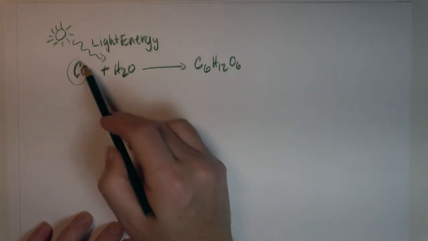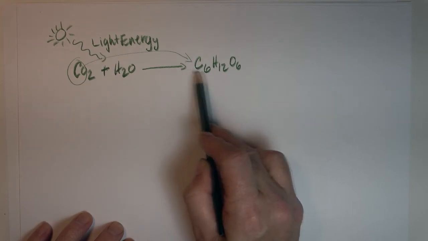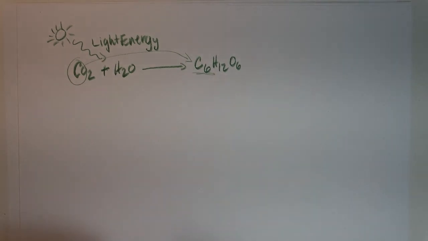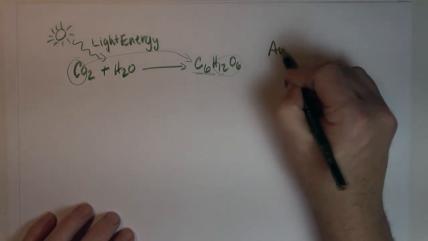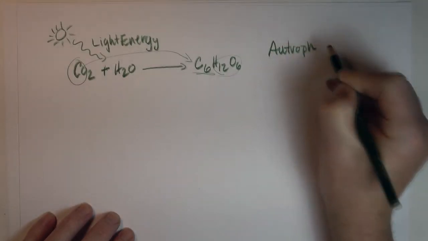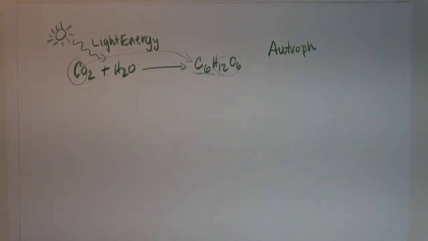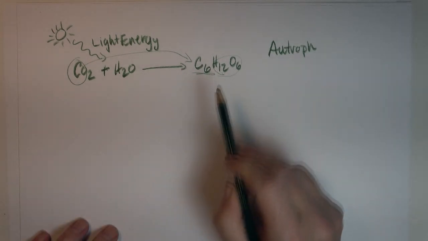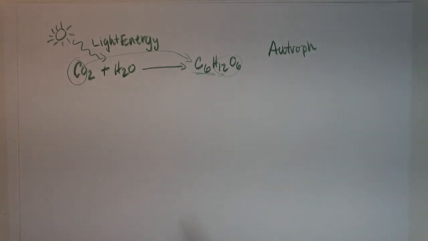So the carbons get tied together with water to make glucose. You need to understand that an autotroph takes carbon dioxide and converts it into this molecule through the process called photosynthesis.